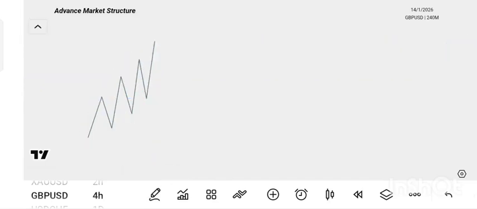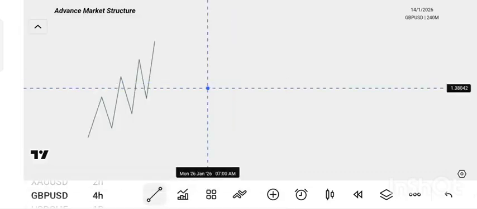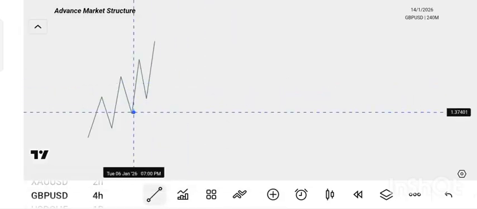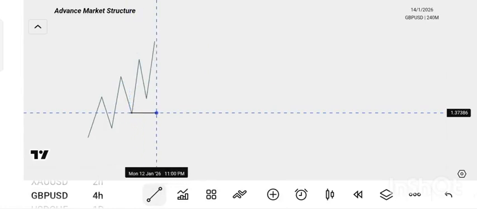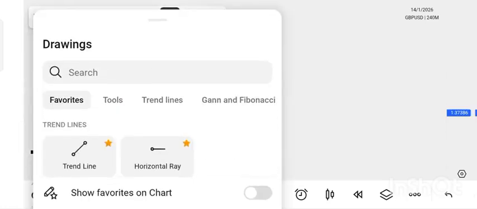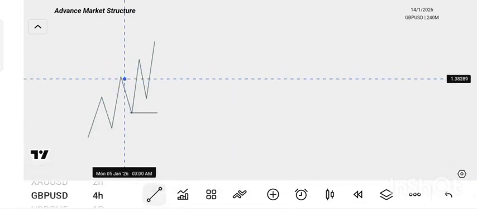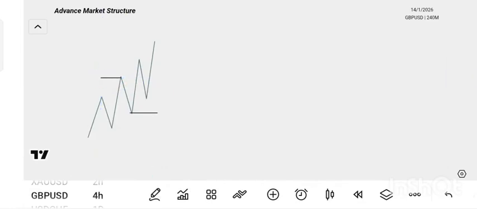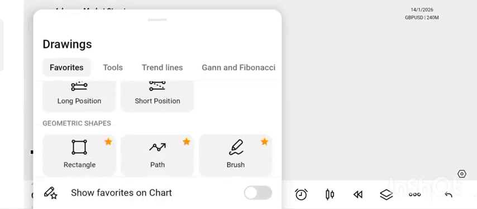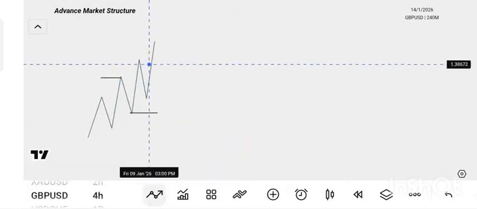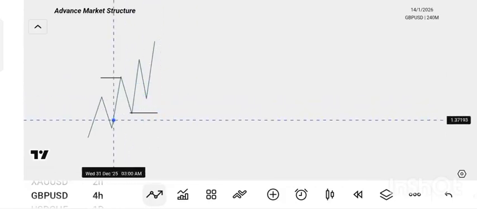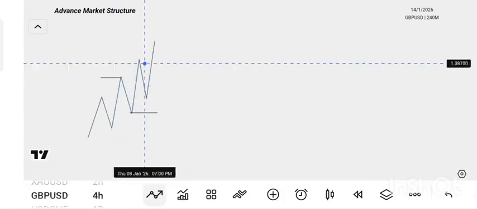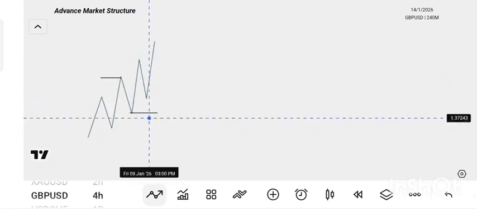And we said that in a basic market structure, the low is traded as the internal range liquidity or structural points, and the high is traded as external range liquidity. We expect this low to be protected until price proves otherwise.